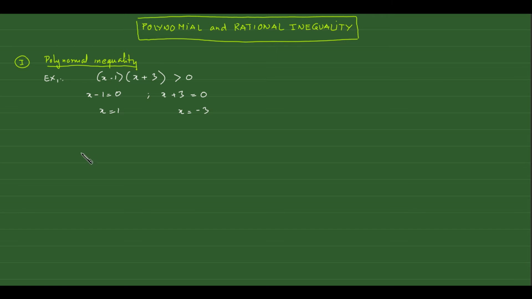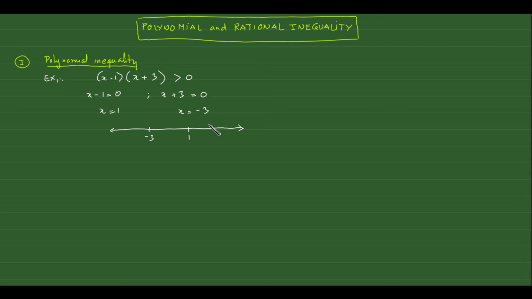Now I'm going to go ahead and put these two values on the number line. I'm going to put minus 3 here and 1 here, and you see that the number line right now is divided into three parts, right? Three parts.